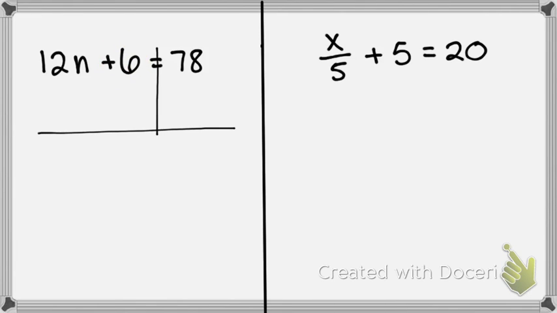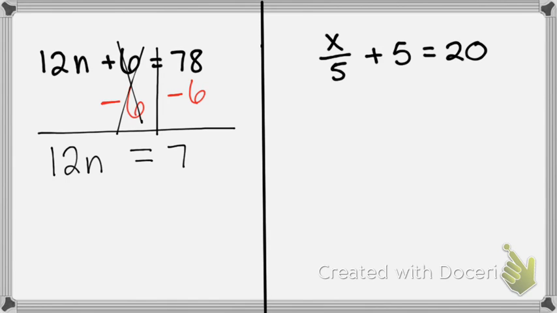I need to subtract 6 because that's the inverse of plus 6. I need to do it on both sides. When I do that, I have a 12n at the bottom. The 6 minus 6 cancels out to a 0. And then 78 minus 6 is going to give me a 72.